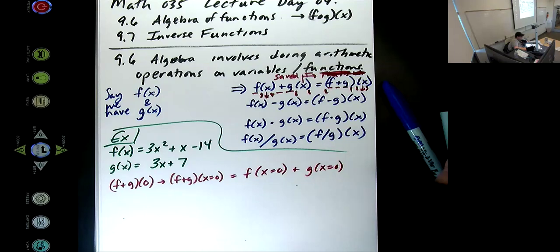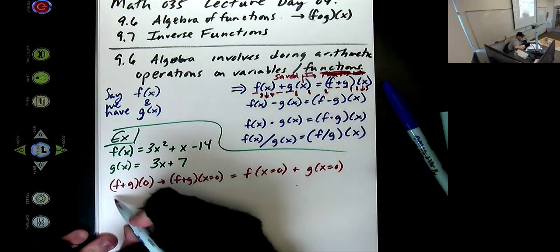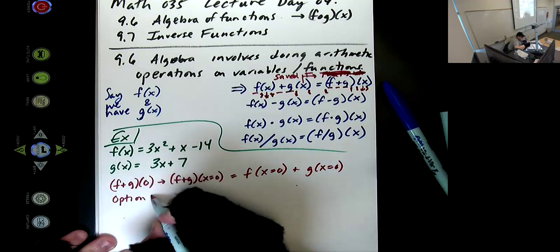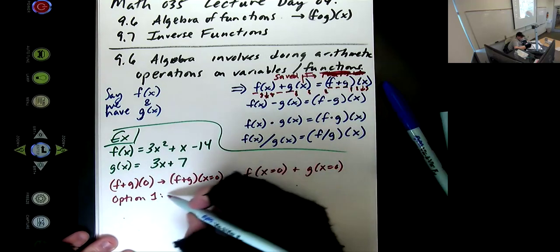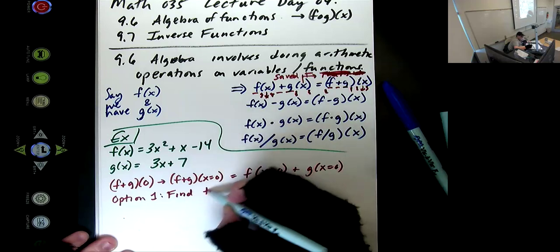And we have a couple ways of going about it. Option 1, find the two things individually and combine.